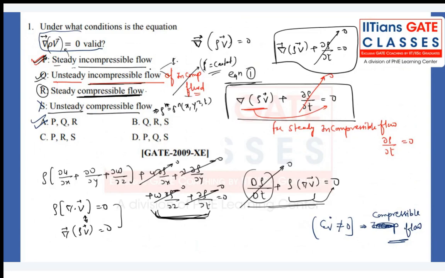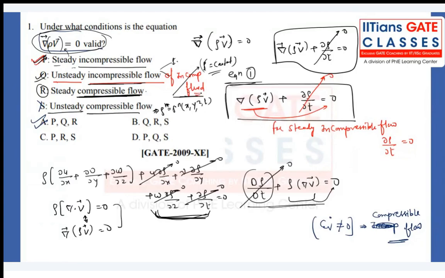If you think that it can be a compressible fluid also, it can be an incompressible fluid also, then definitely, sir, there may be a possibility that we will not be able to get this particular equation, right? But in the GATE examination, they forcefully want us to assume incompressible flow of incompressible fluid. Is that clear? So that density will be constant.